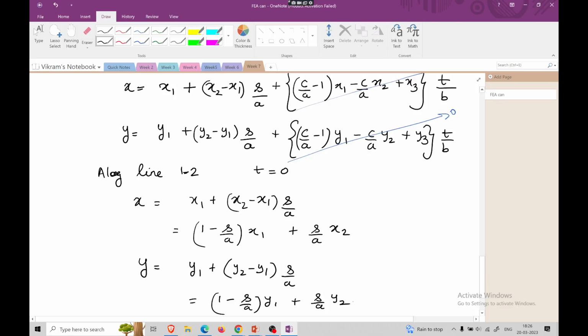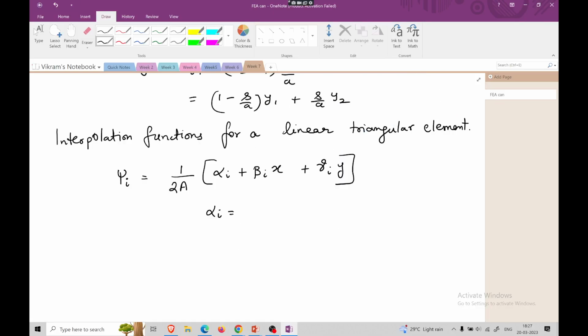My psi i is going to be 1 by 2A times alpha i plus beta i x plus gamma i y. Does any of you remember this equation? You have seen this equation in the last lecture also. So what will be my alpha i? Any guesses? Do you remember? What was alpha, what was beta, and what was gamma? And A is nothing but the area of the triangle.